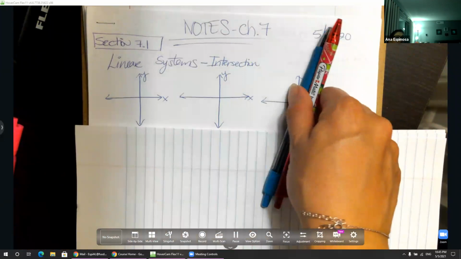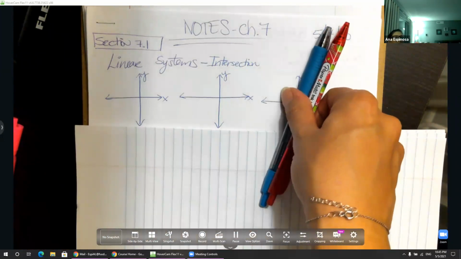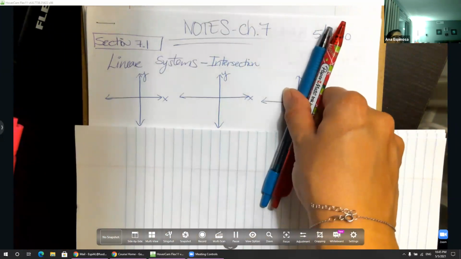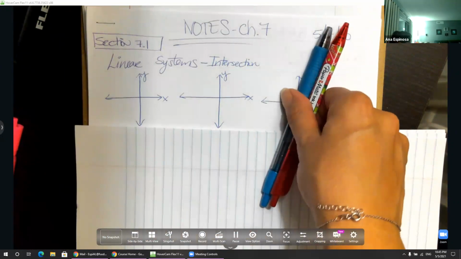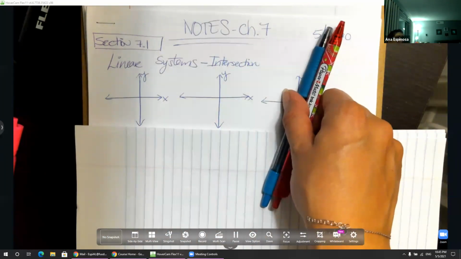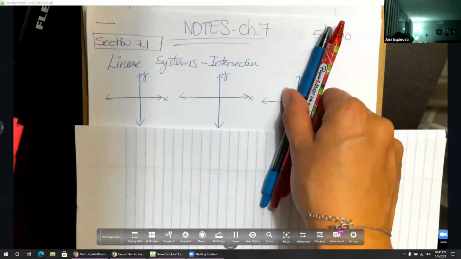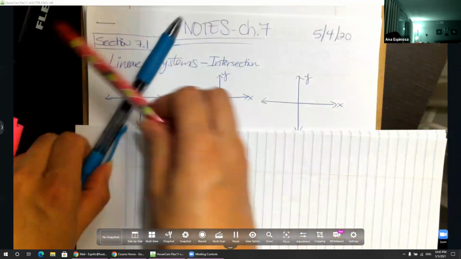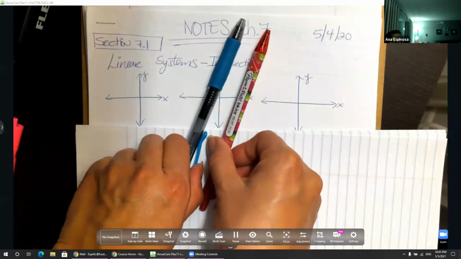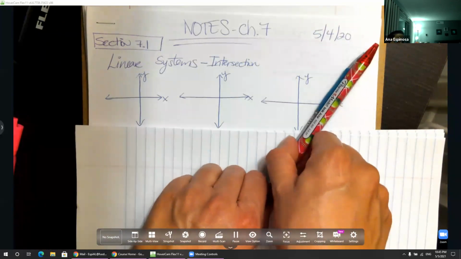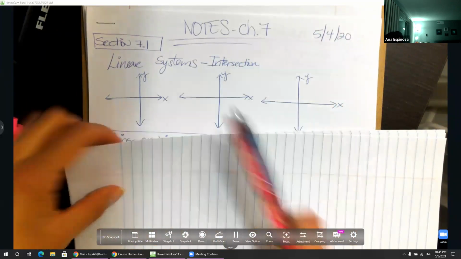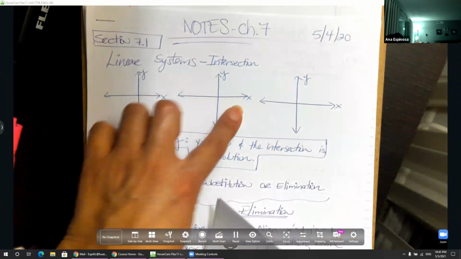When they ask you to solve a system, they're asking you to let them know at how many places these 2 lines meet. So it's either going to be, you only have 3 choices, 1, none, infinitely many, okay? So that would be the drawing that you would make here.